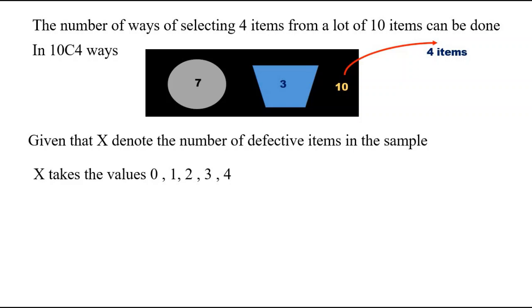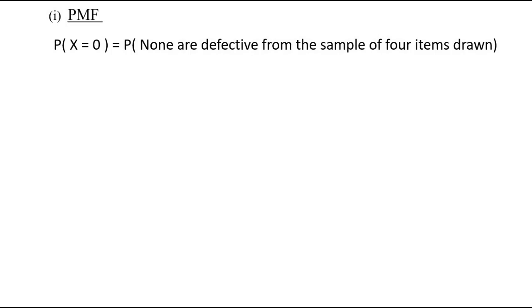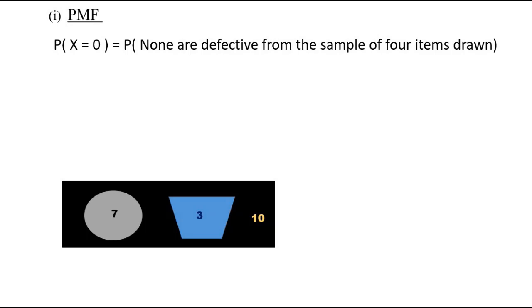Now let us find out the probabilities of all the values one by one. Now probability of X equal to 0. 0 means none of the samples are defective out of the 4 items which have been drawn. So we have a lot of 10 items. From the defective part, we are selecting 0 items.